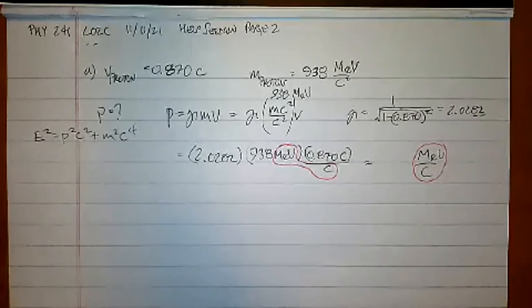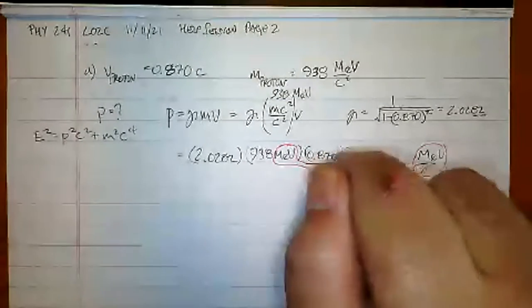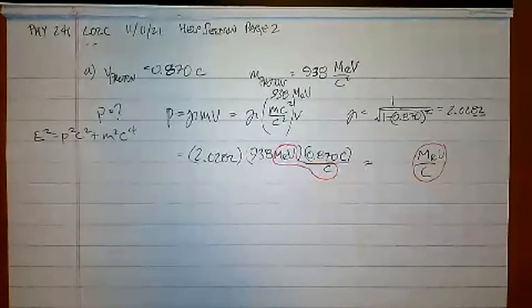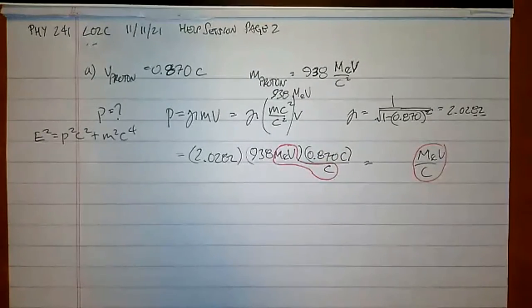I got 4.97 times 10 to the 11 for some reason. Yeah, that's the same thing I got. Oh, yeah. So yeah, you're not multiplying by that C. Sorry about that. Okay.